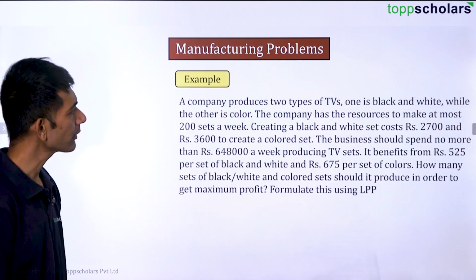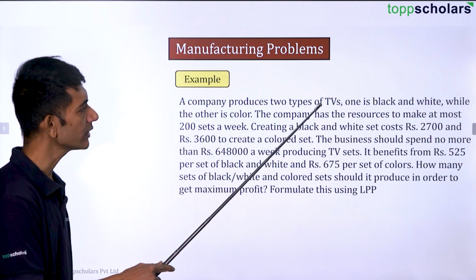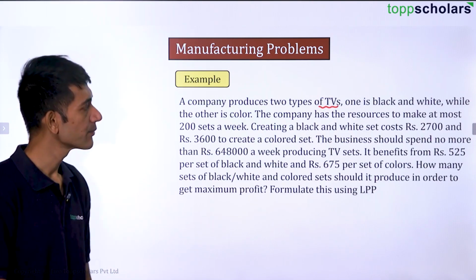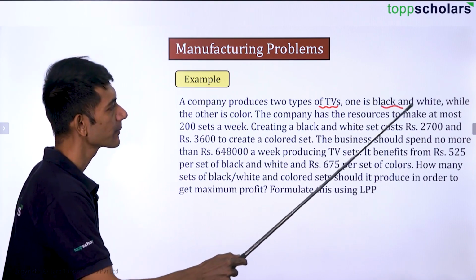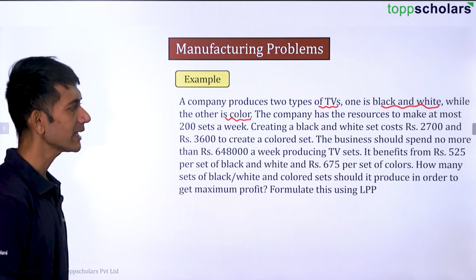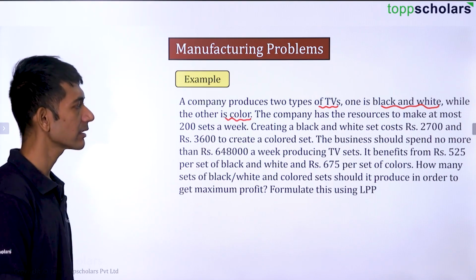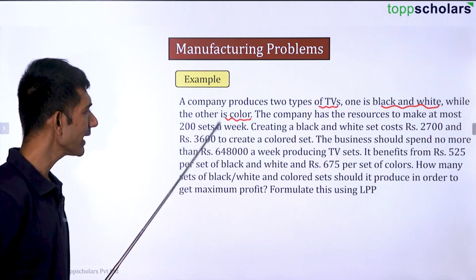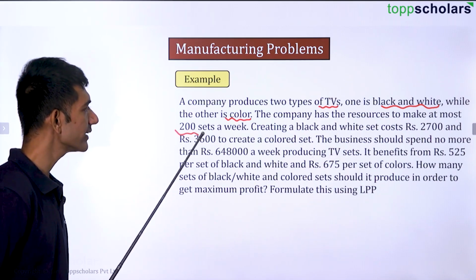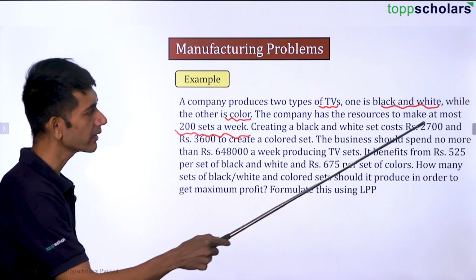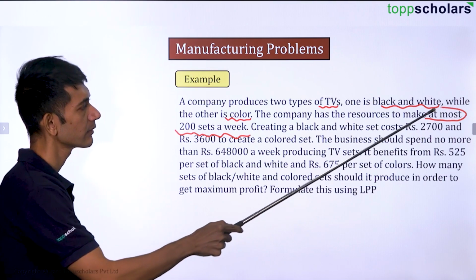Let us see an example. A company produces two types of TVs. One is black and white and the other is color. The company has the resources to make at most 200 sets a week. Now this is very important. Whenever you are reading, read this carefully.